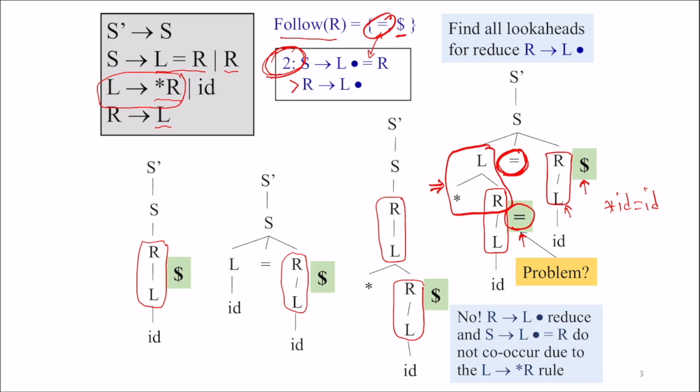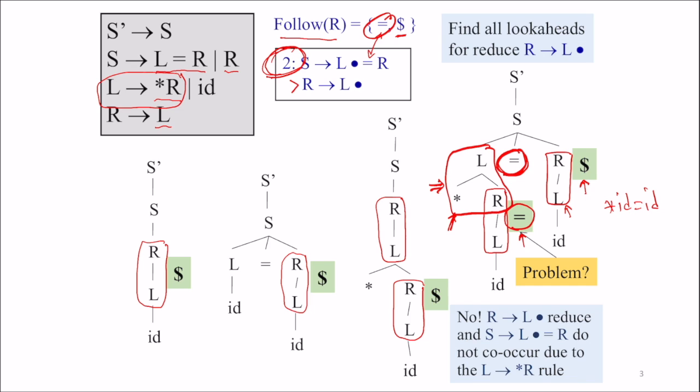I never saw this L goes to star R in order to get to this state. So if I can separate out the follow set of R into these two different contexts, one that includes L goes to star R in its derivation, then only if you have that in your derivation is equal to in your lookahead. In every other case, it's always just dollar.